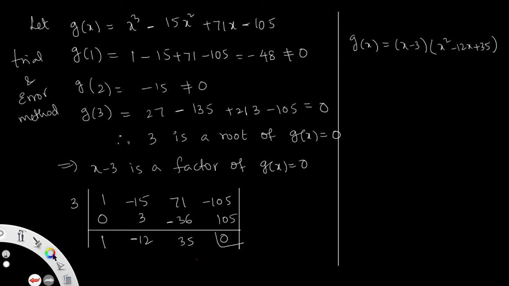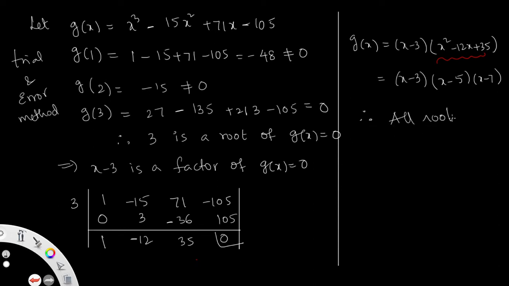By solving the quadratic equation, 35 means 7 times 5, so x square minus 12x plus 35 becomes x minus 5 and x minus 7.